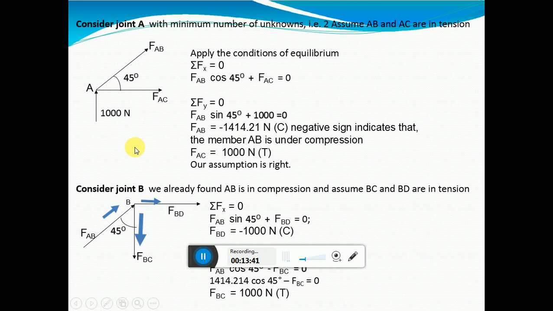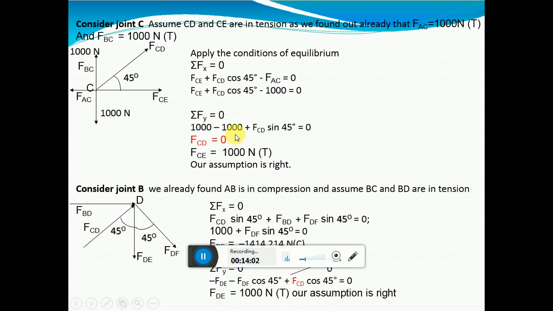So it is FAB cos 45 with the positive sign. So FAB here also directly substitute the value. FBC also you got it as positive 1000. So the force is tension. The assumption we have taken is correct.